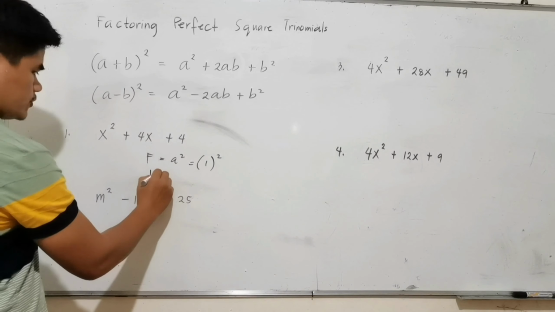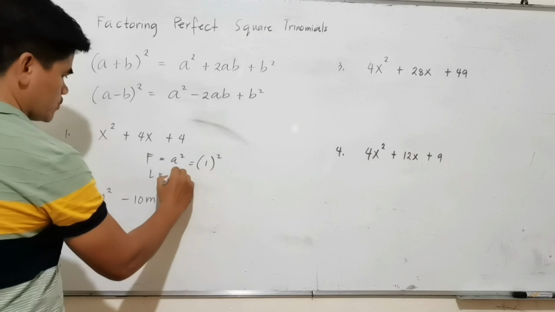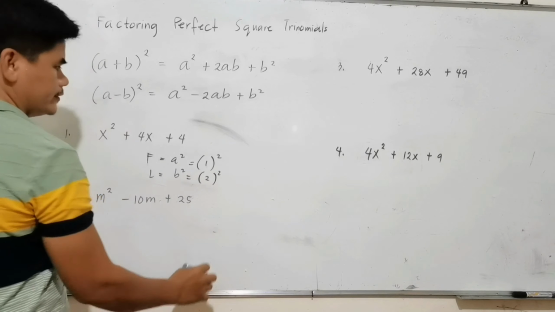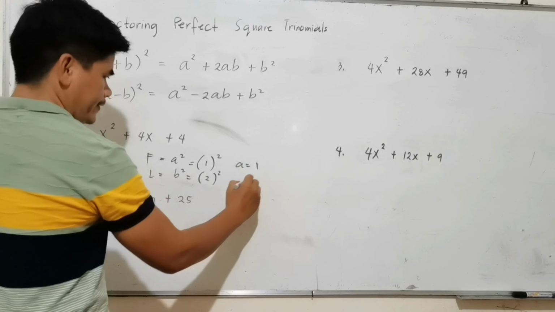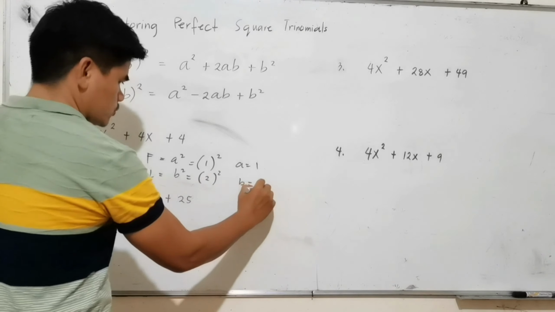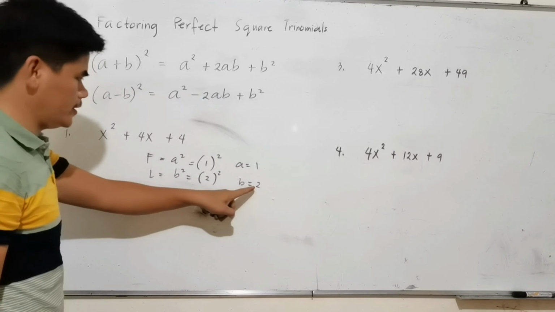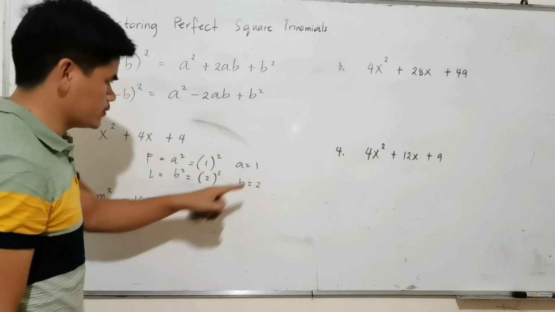How about the last term? The last term is 4, and the last term is b squared, right? So that will be 2 squared. Therefore, a is 1 and b is 2. Since b squared is 2 squared, b is 2, and since a squared is 1 squared, a is 1.